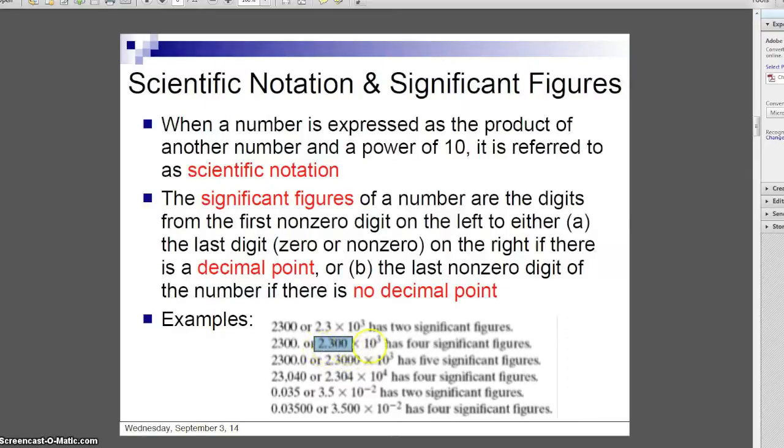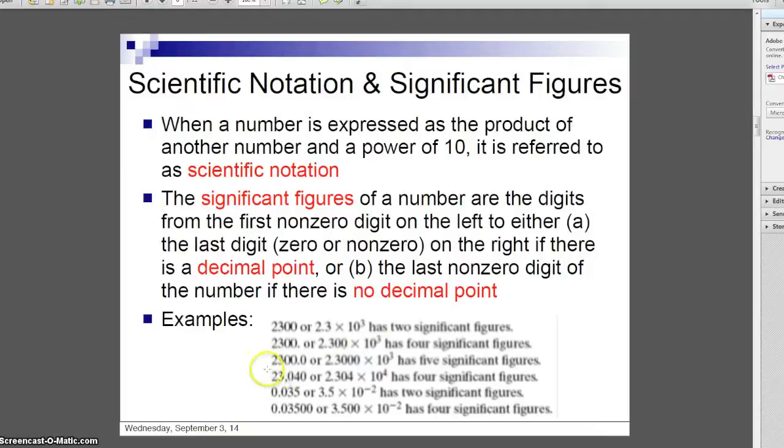So it still has four significant figures, and so on. Since there's a decimal point there, even though it's a 0, this number has 5 significant figures, and it's the same with the scientific notation. So that's 5 significant figures.